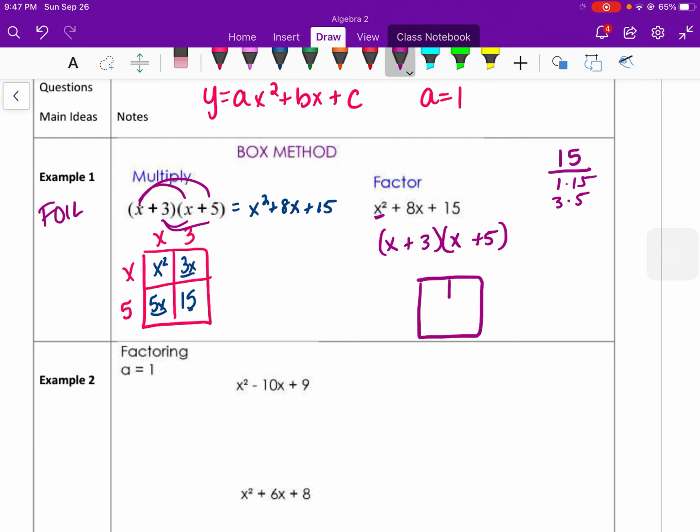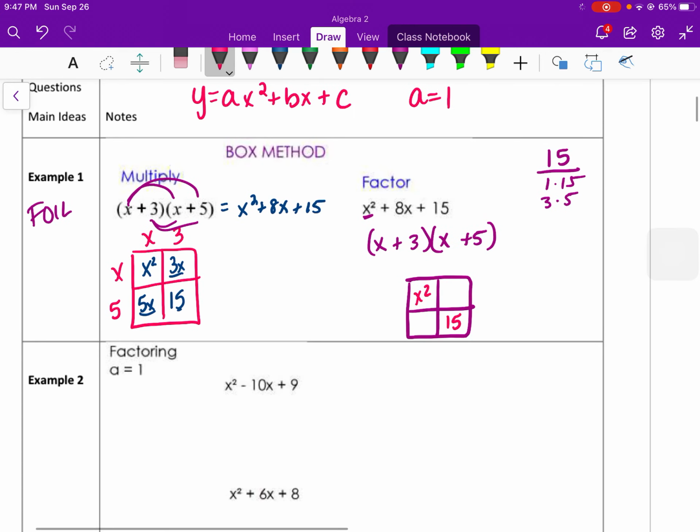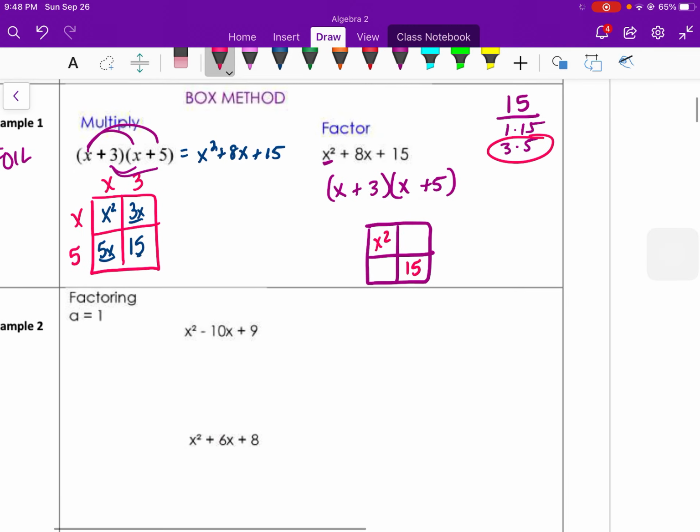Reversing it, if you use the box method to go backwards, you start by putting x squared here and the 15 here. And then you say, okay, what do I multiply to get to x squared, or what do I multiply to make the 8 in the middle? I get the 3 and the 5, and I put those in, 3x and 5x, either position, it doesn't matter.